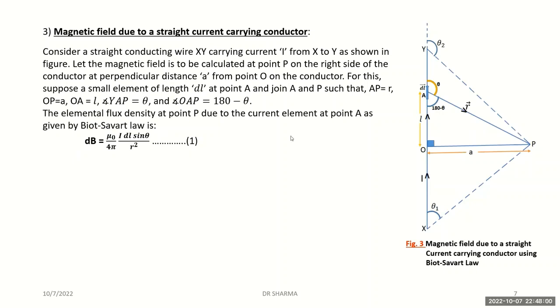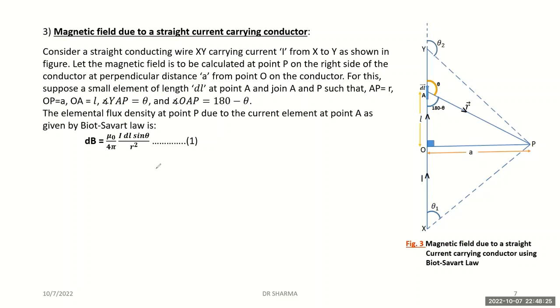This is due to this small current element at point A. To find the total magnetic field at point P due to the whole wire, we need to integrate. But before integrating, remember that there are more than one variable.